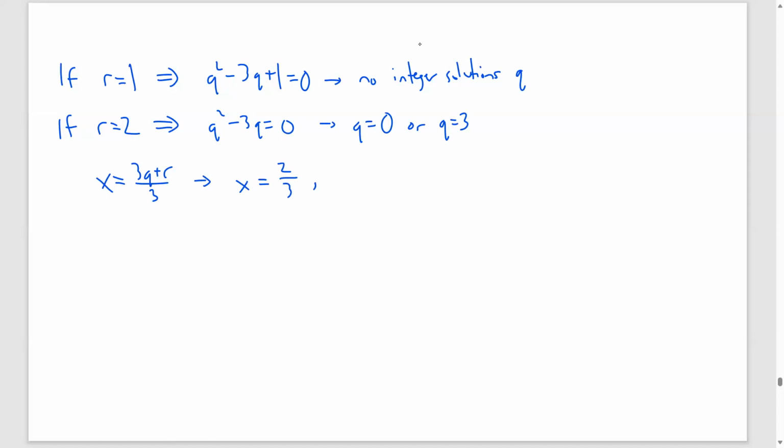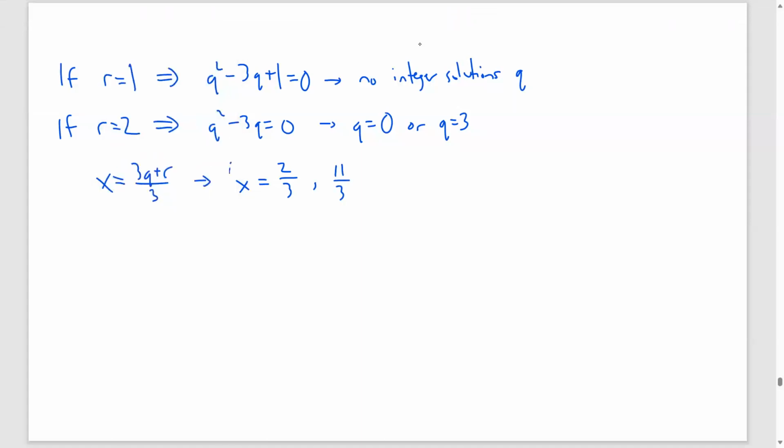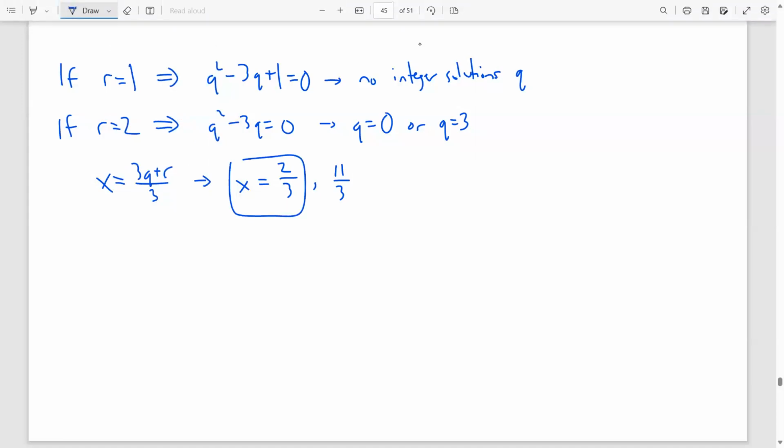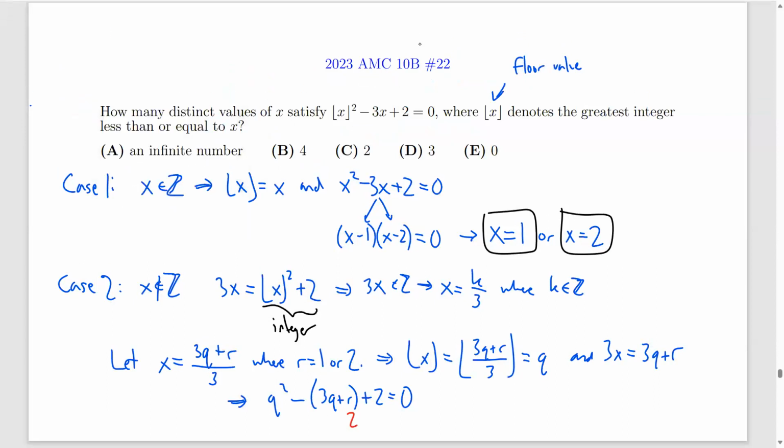And by plugging in q equals 3 and r equals 2, I obtain x is equal to 11/3. So I obtained 2 more solutions by the substitution. So we have 2 solutions where x is an integer, and 2 solutions where x is not an integer. Therefore, the answer is B, 4.